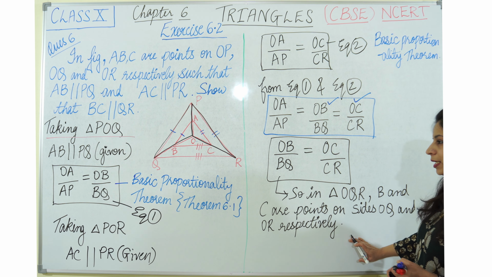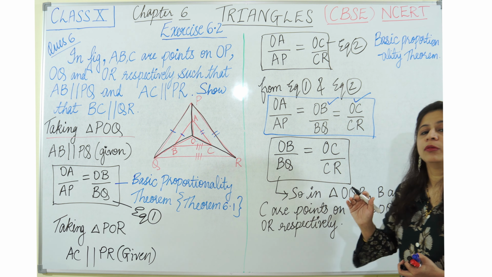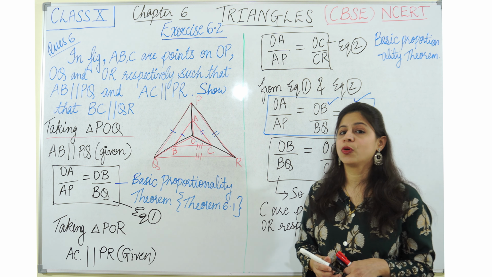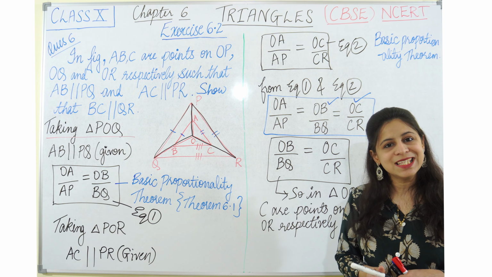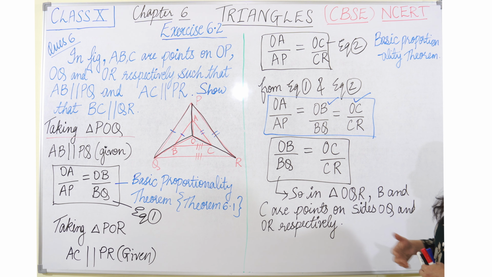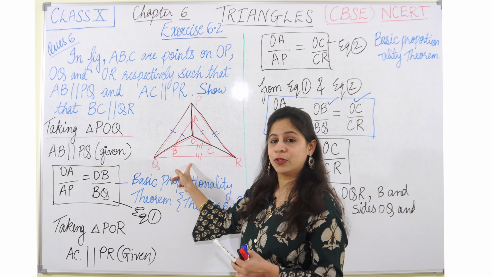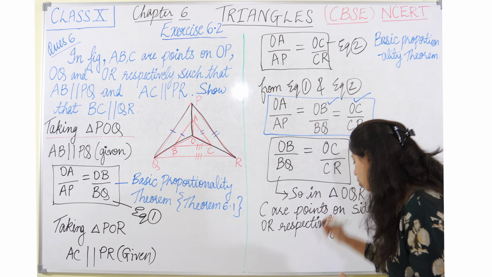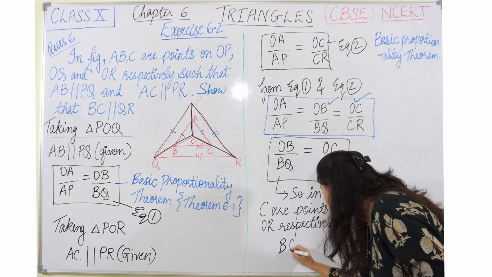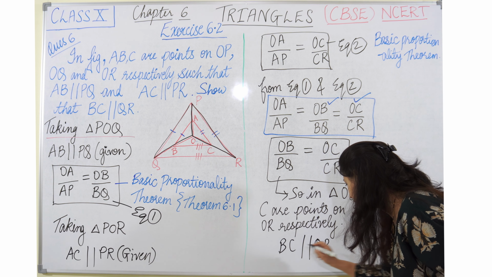From here we can say that the converse of the basic proportionality theorem, that is theorem 6.2, is applicable here. And from theorem 6.2 we can easily say BC is parallel to QR. Hence BC is parallel to QR.